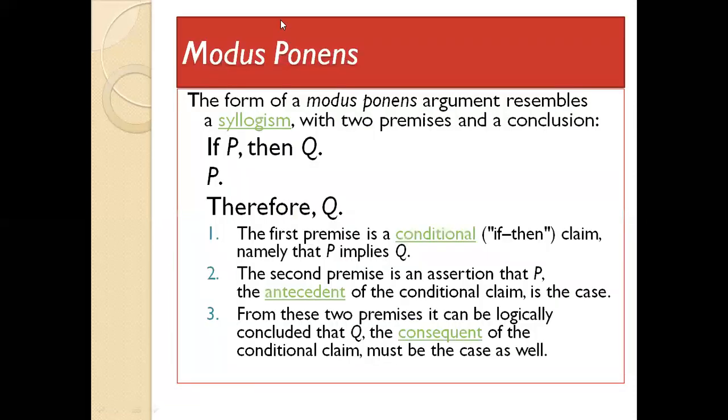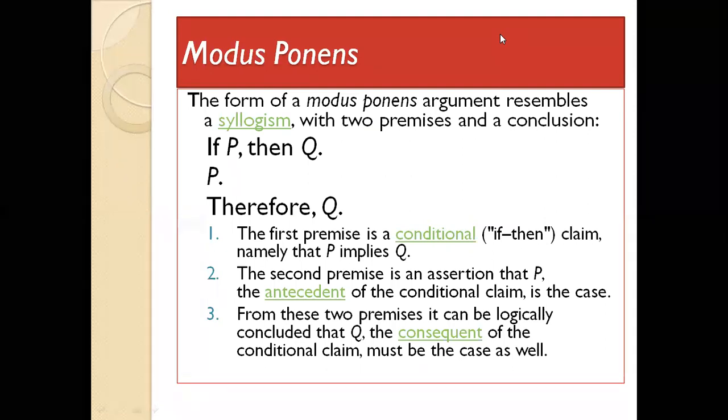So first, coming to modus ponens. The form of a modus ponens argument resembles a syllogism. Syllogism means two premises and a conclusion. This means if P then Q, P exists, therefore Q. What it tries to say is that if P implies Q, it is given.